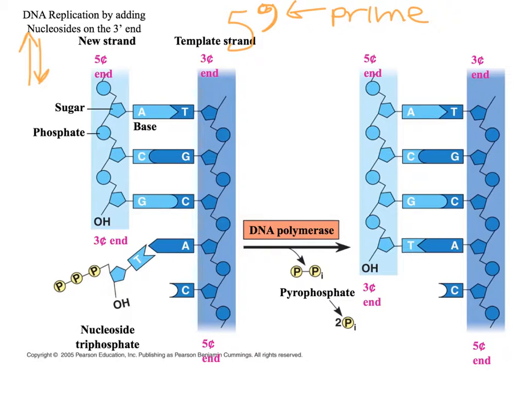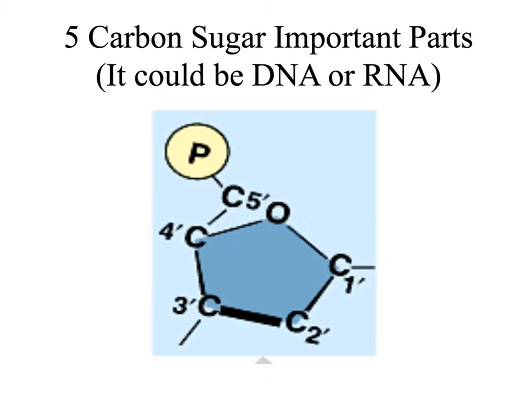Helicase enzyme causes the double helix to unwind. Oh, cool. They have a picture showing you those primes. Look at that. So your 5' is this guy right here, and like we just said, 5' is going to have a phosphate.